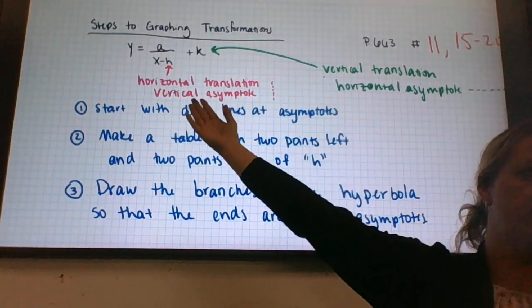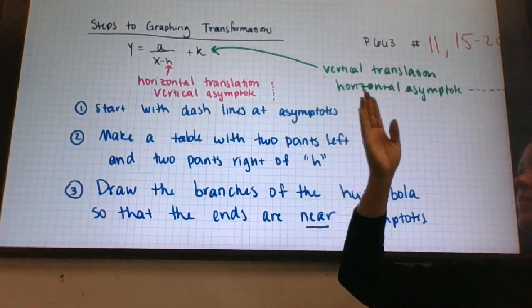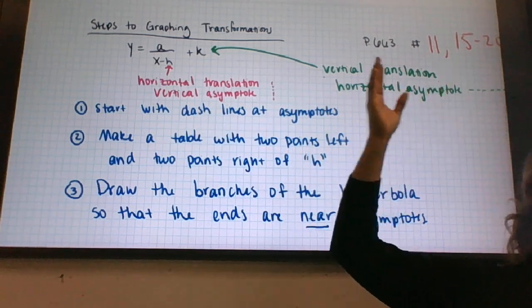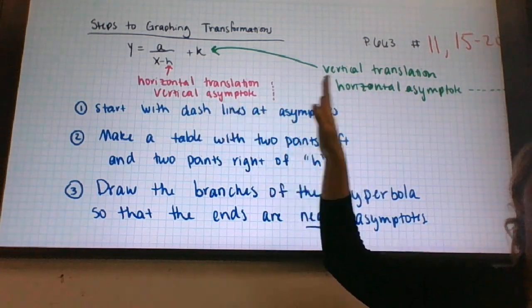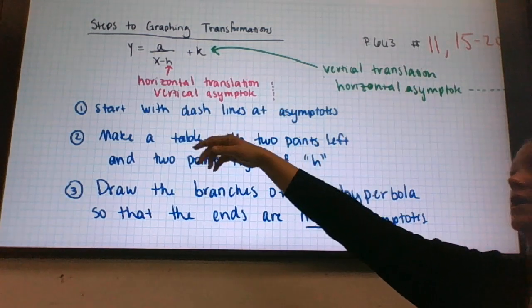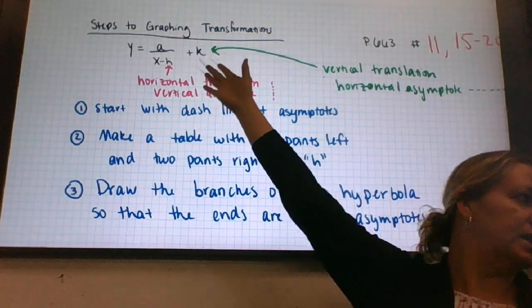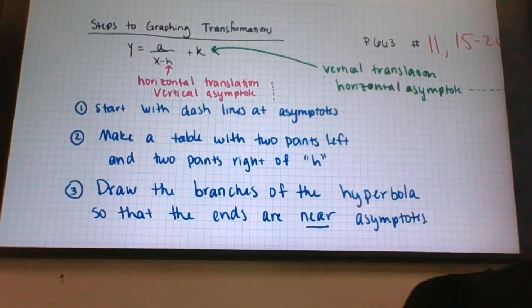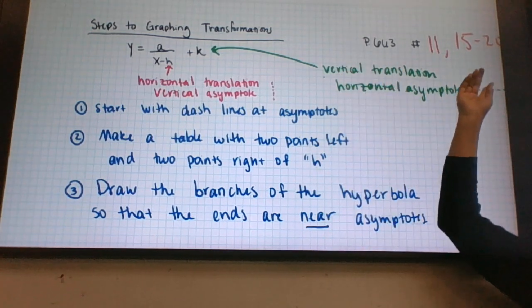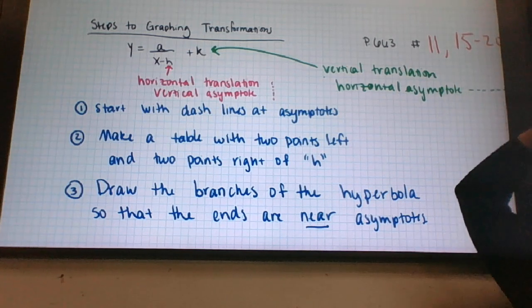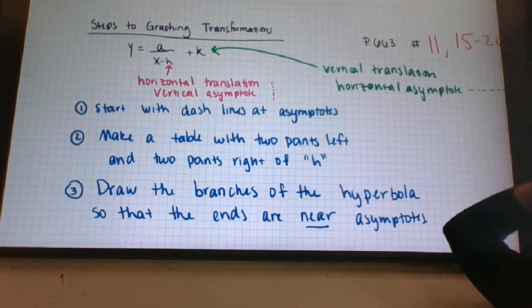This is going to move the graph left or right. Since it's moving the graph left or right, the dashed line is up and down because it's a horizontal shift. If there's a number at the end that's in the k spot, that moves the graph up and down. So the asymptote is flat because it'll raise or lower it, the horizontal asymptote.